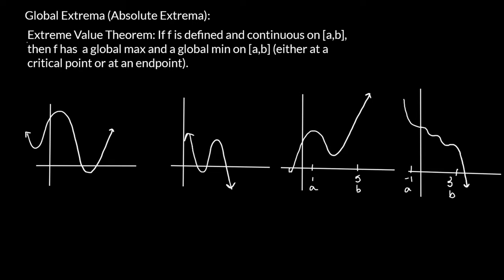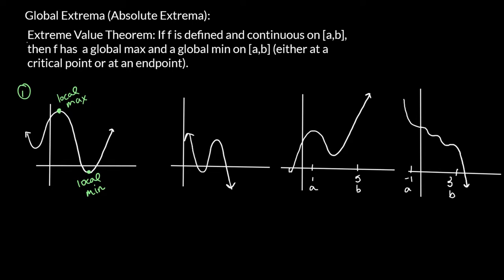So let's look at just a couple of graphs before we think about this theorem. If you look at this first graph, this point here is a local max, and this point is a local min.